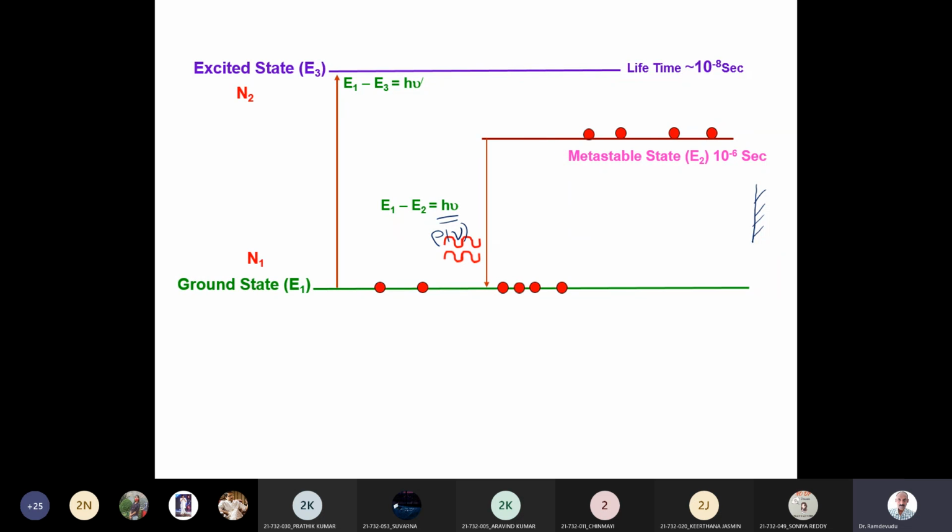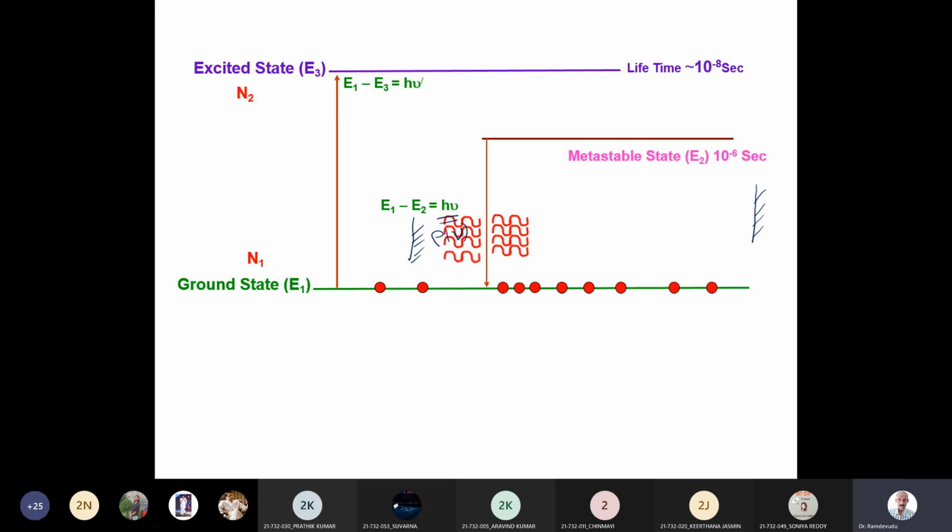this will be increasing. The more atoms are falling, I'll keep another mirror here. They get reflected back and forth between the 2 mirrors, and hence the number of photons between the 2 mirrors increases. And we have a coherent beam.